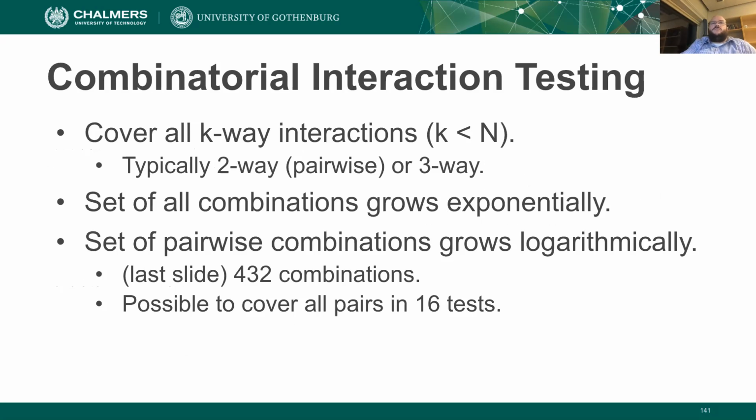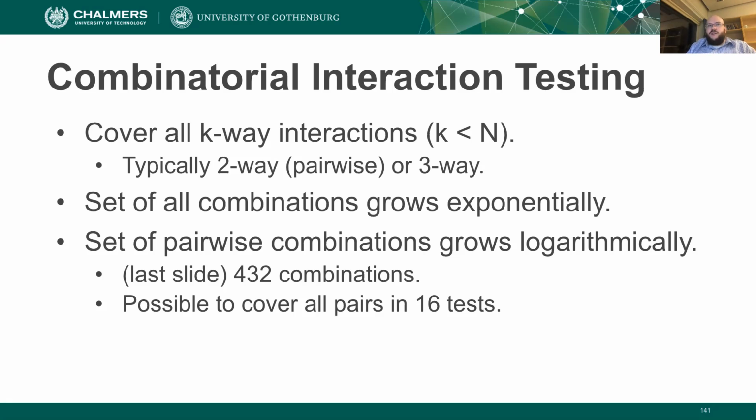So when is it reasonable to expect some potential interaction between features, but covering all the combinations isn't practical? One alternative is to cover all k-way combinations up to some limit of what we want to examine. So usually this is pairs or triples. So all pairwise or 3-way combinations between features.